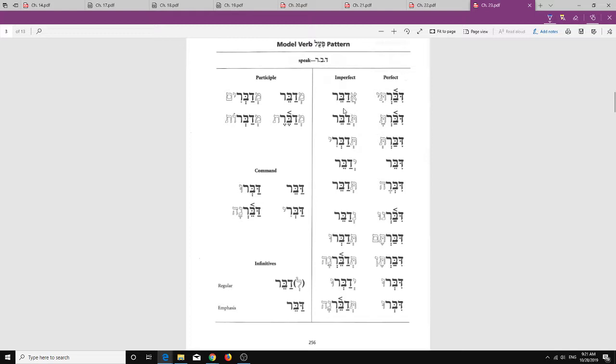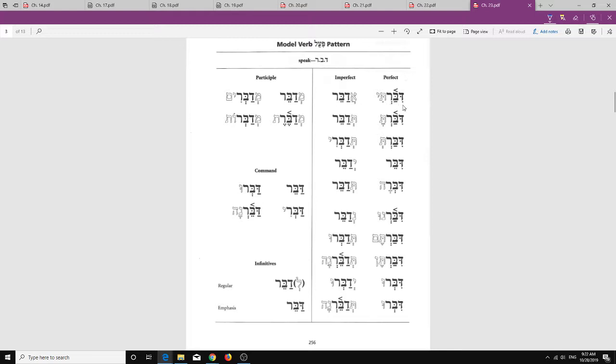So you can see that this dagesh, when it is able to be there, will always be in the middle root letter. Now I say when it's able to be there, because as we know, some letters, particularly gutturals, cannot take a dagesh, right? And so when that happens, you'll have to rely on the distinct vowel patterns, okay?